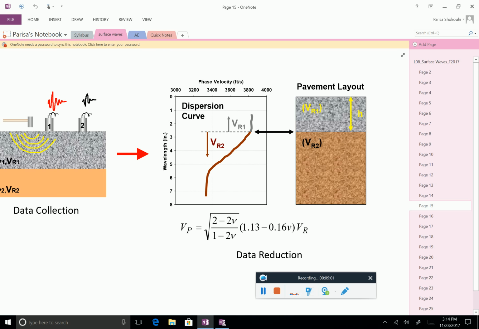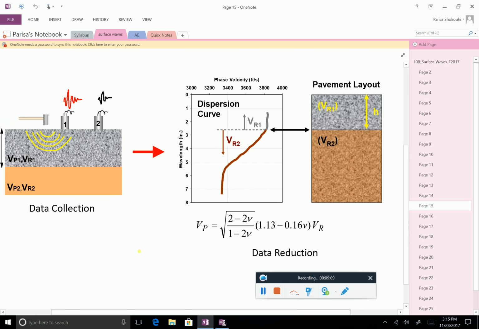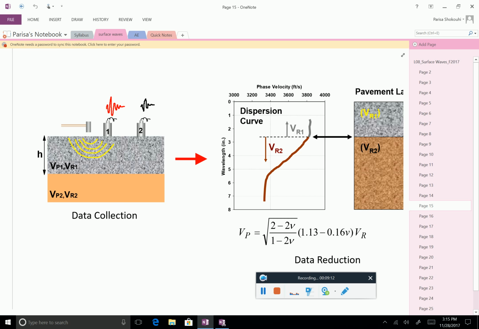Now, if you look at the velocity versus frequency or wavelengths, what happens in a situation like that, where you have one material on the top and one material at the bottom, is that as long as you are looking at large frequencies or smaller wavelengths, the whole wave is traveling through the first layer.